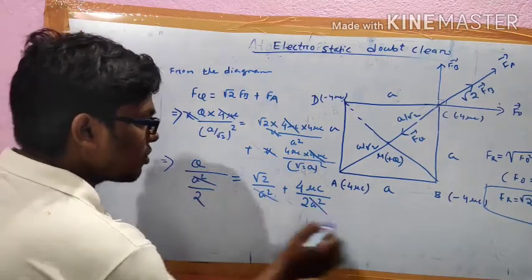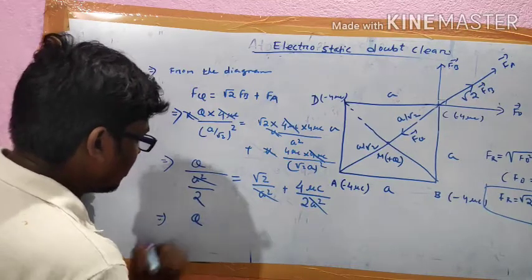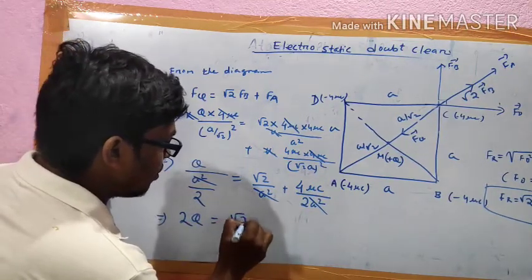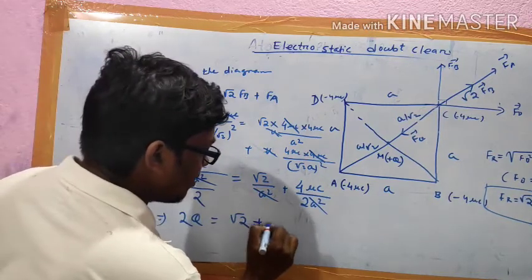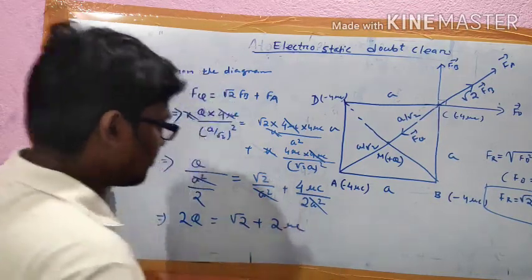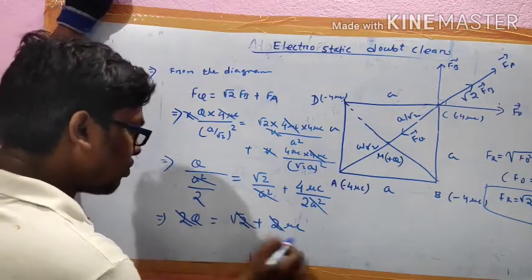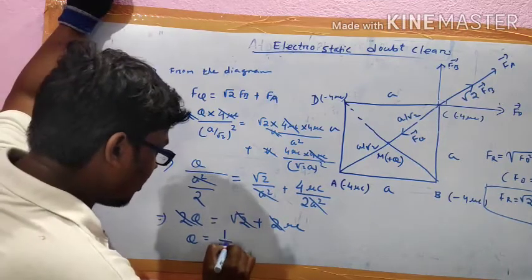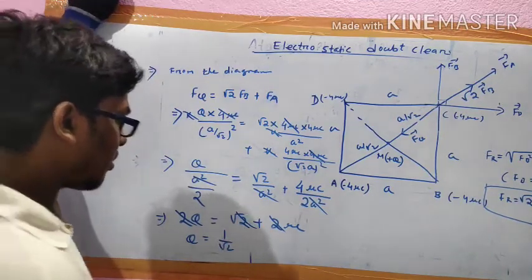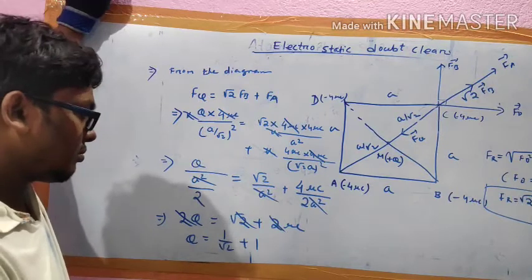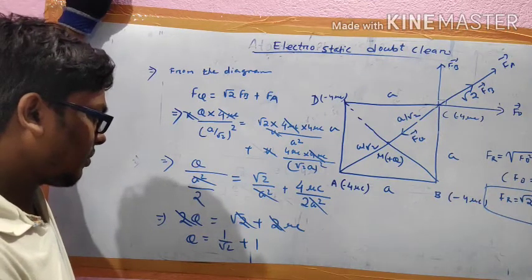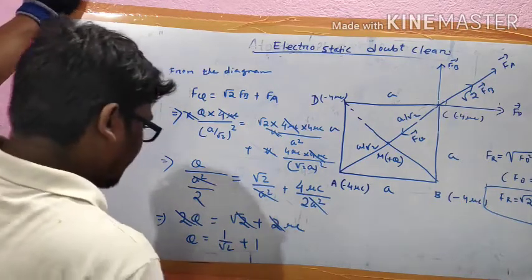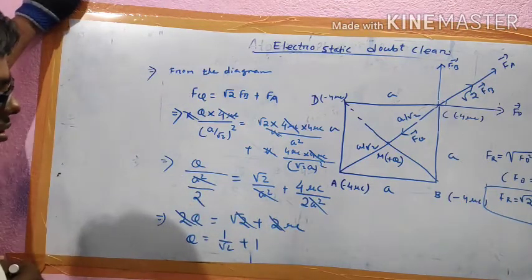So a square cancels, this becomes 2q is equal to root 2 plus 2 microcoulomb, 2 cancels, q is equal to 1 by root 2 plus 1. Okay, clear?